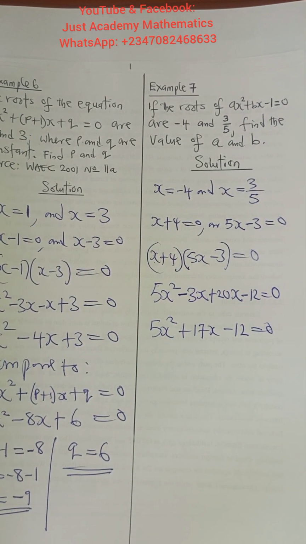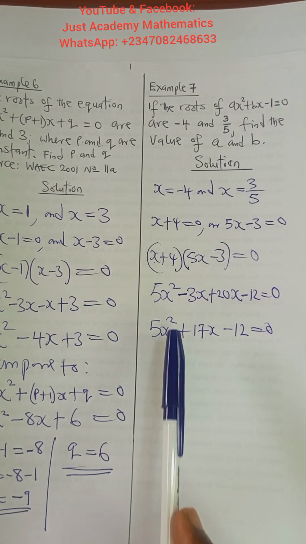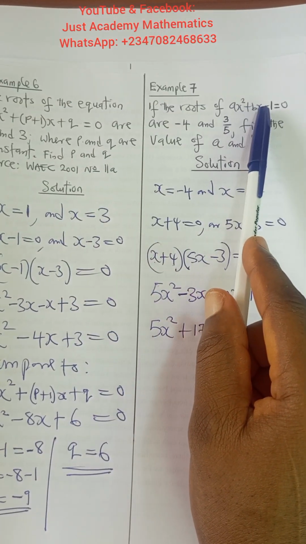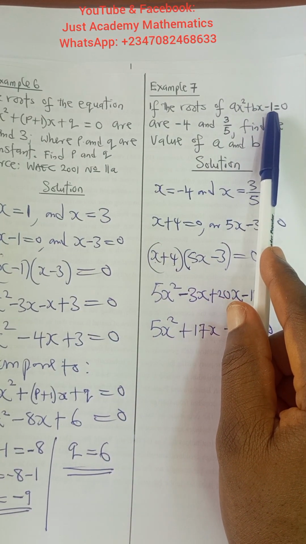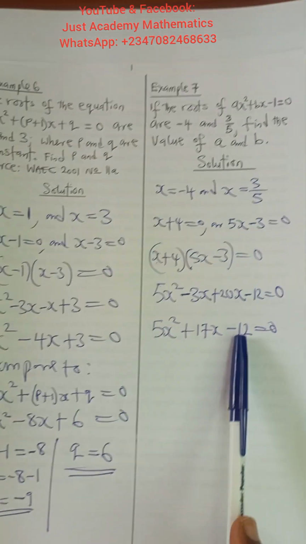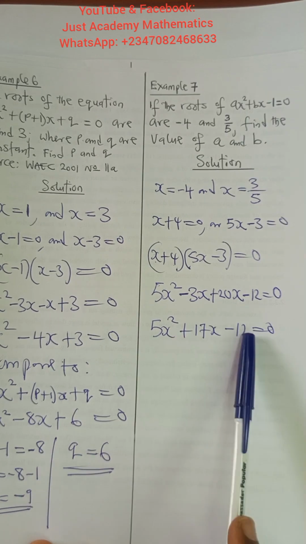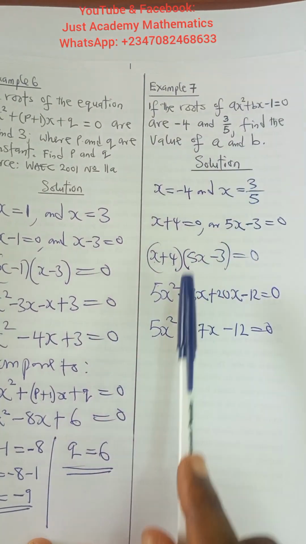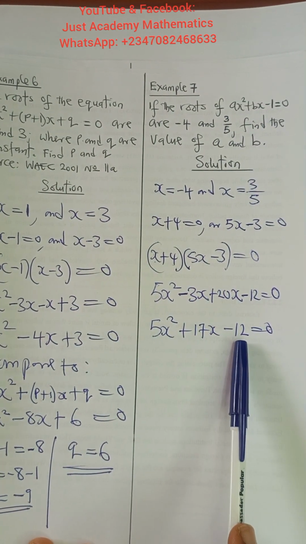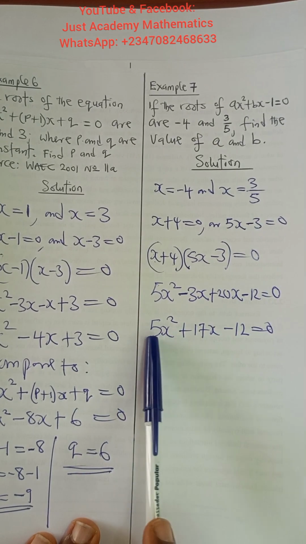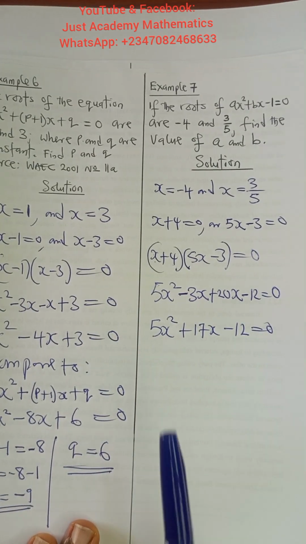Now notice that in this equation, there is minus 1, not minus 12. So the first thing we do is to make this equation look like this one by making this constant be minus 1. And the only way to make it minus 1 is to divide through with 12.